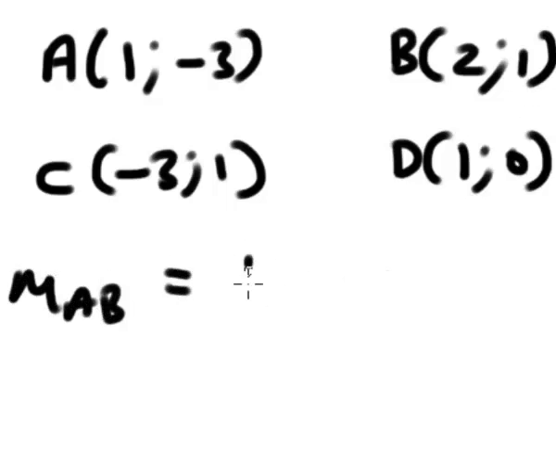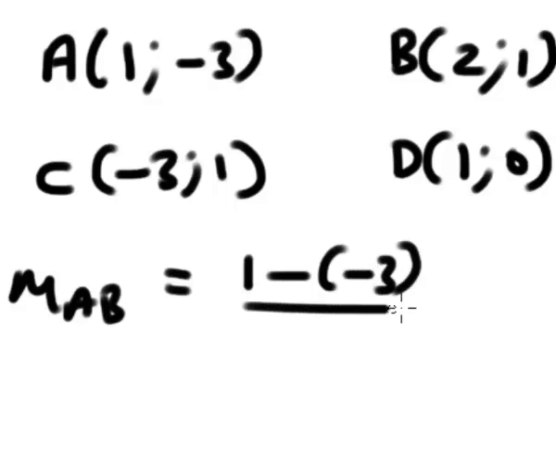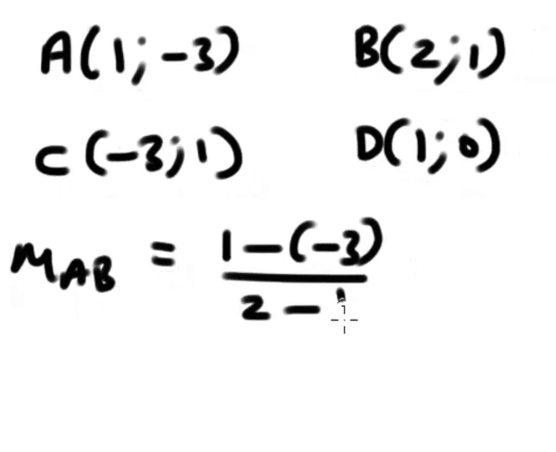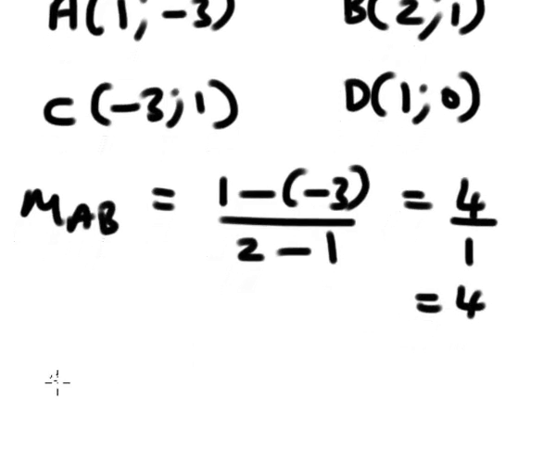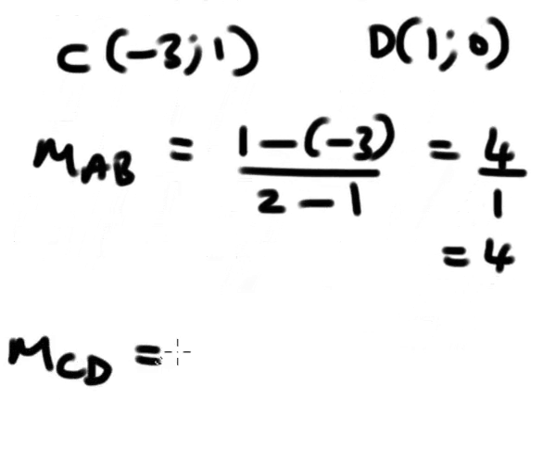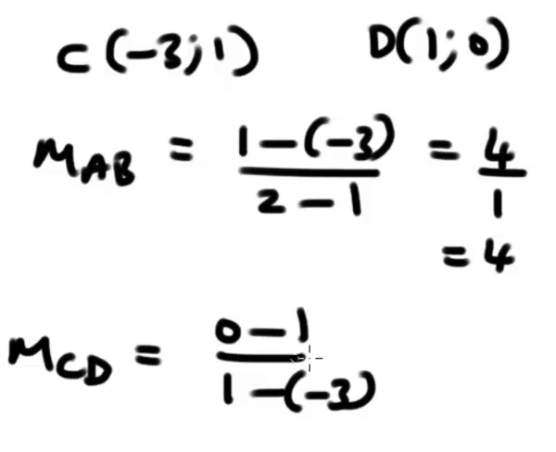It's y of B minus y of A divided by x of B minus x of A, which is 4 over 1, which is 4. What's the gradient of CD? Well, it's the y of D minus the y of C over the x of D minus the x of C. 0 minus 1 divided by 1 minus negative 3. So that's negative 1 over 4.